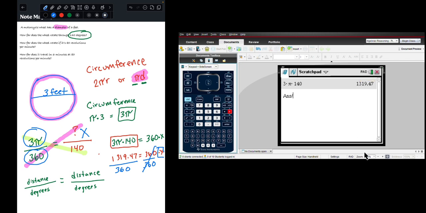So I'm going to divide it by 360, and that's going to give me 3.66519. Okay, so I'm going to write that down, 3.66519.